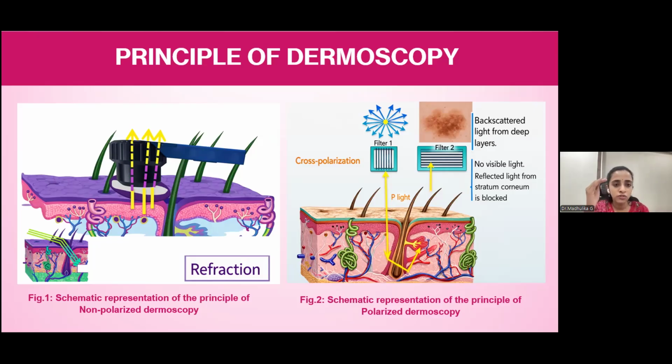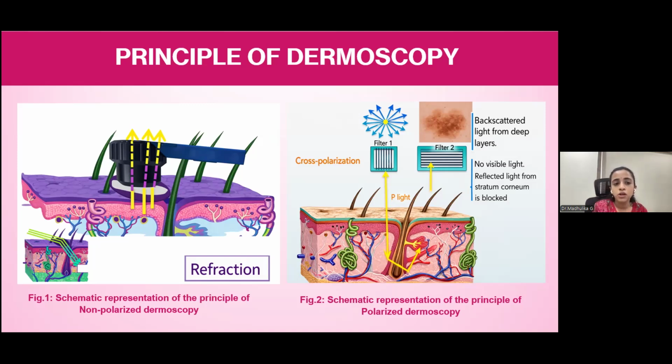In the superficial layers of the skin there is only reflection, which is why the stratum corneum upper layer might not be visible in polarized light. But the light that has hit other structures within the deeper layers, maybe the deeper epidermis and the dermis, would go back as scattered light from the deeper layers, pass through the second filter, and that is what improves the visualization of the deeper structures. So this is the principle of polarized dermoscopy.